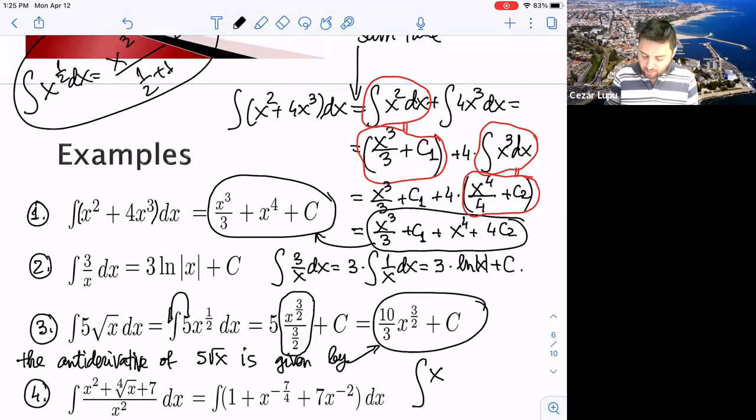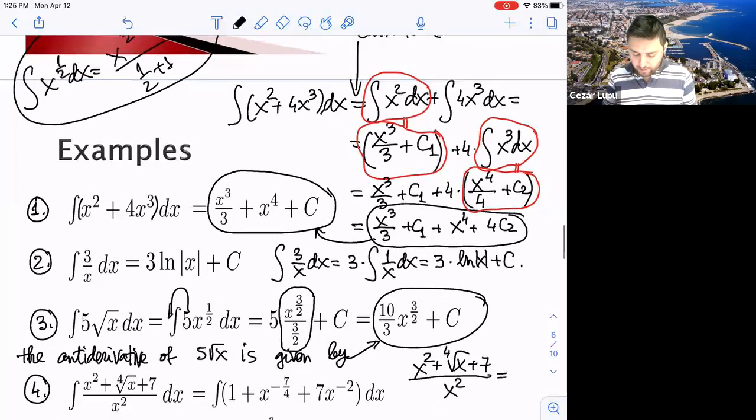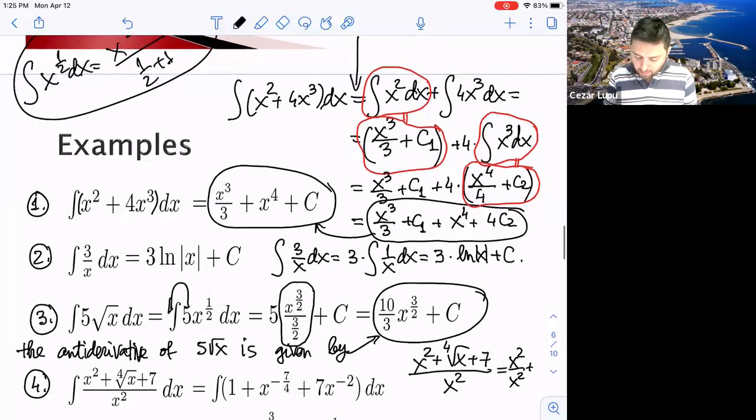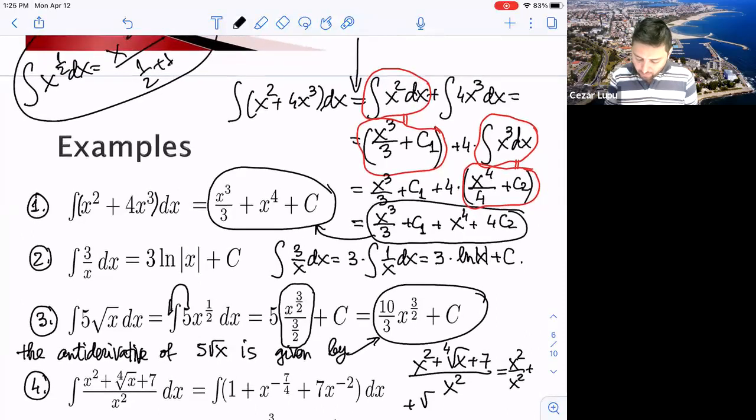So this guy here. In fact, no, I don't need the integral. I'm just going to do the algebra. So x squared plus the fourth root of x plus 7, everything over x squared. If you want to write it, this is x squared over x squared plus fourth root of x over x squared plus 7 over x squared.